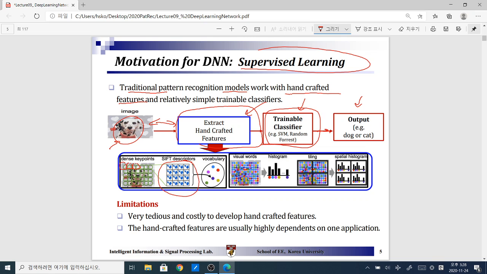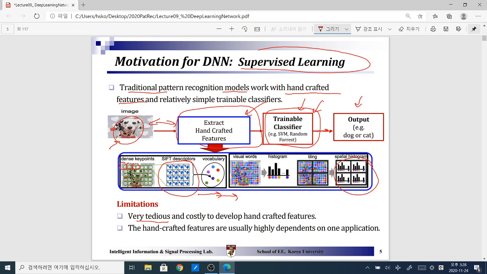And so traditionally we let it go through lengthy steps, so that the features defined or extracted through this very lengthy and tedious handcrafted feature process could then be injected into this trainable classifier. The problem with handcrafted features is that the process is very tedious.